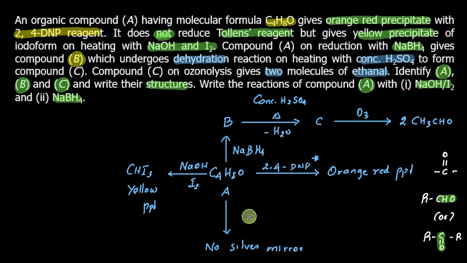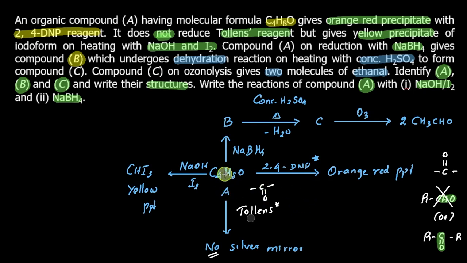Then the second hint, when compound A is treated with Tollens reagent, since it doesn't give silver mirror, we can rule out aldehyde, because the Tollens test is the test to identify aldehyde. So no aldehyde is present. Then by these two experiments, we know that this compound A has a ketone group in it.